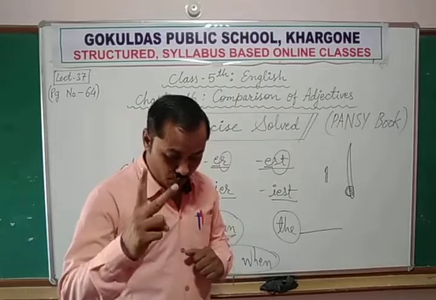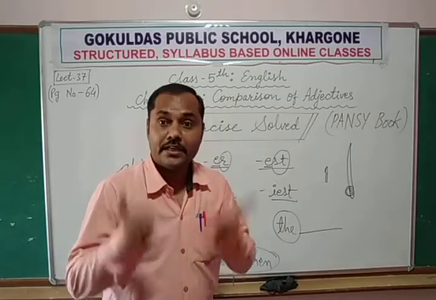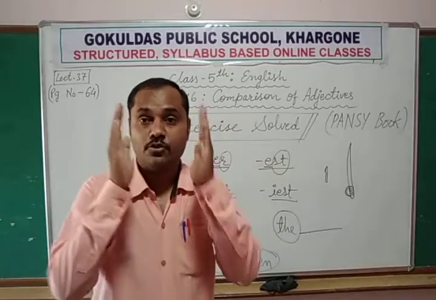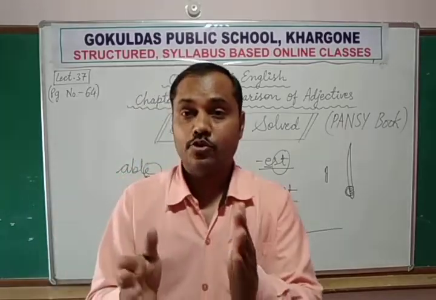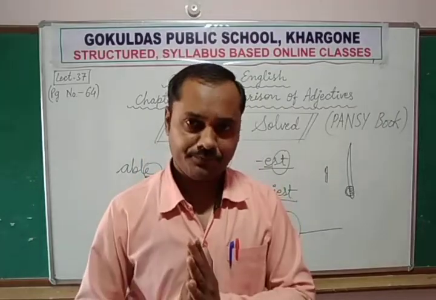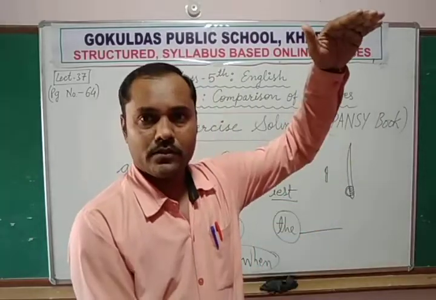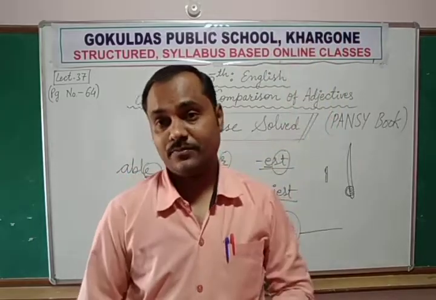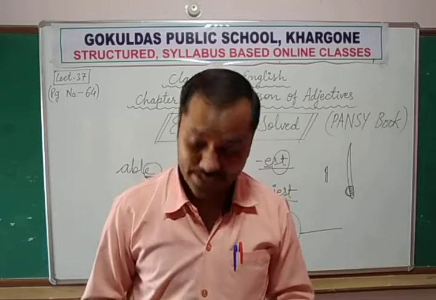Which of these two books is better? Good, better, best. So we will use better because we need to choose only out of two books. If we have been given 7, 8, 9, 10 books, then which is the best book? We will use which is the best book.